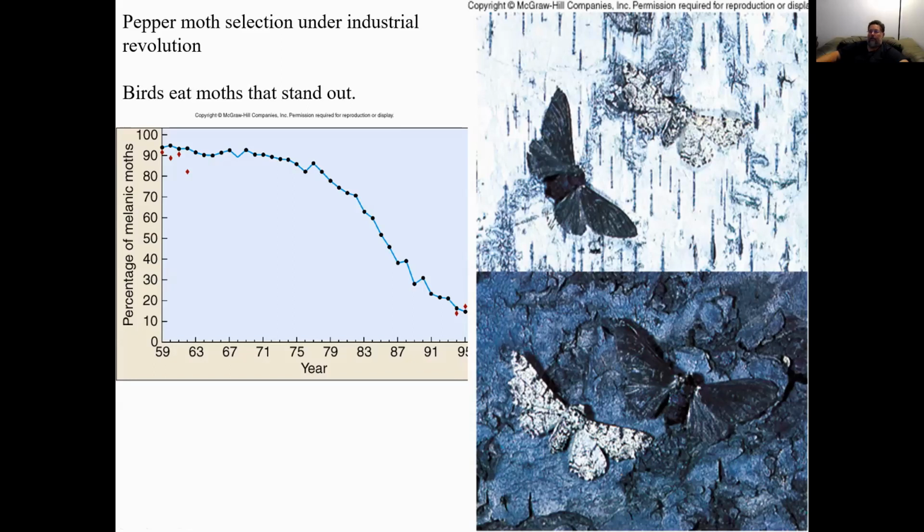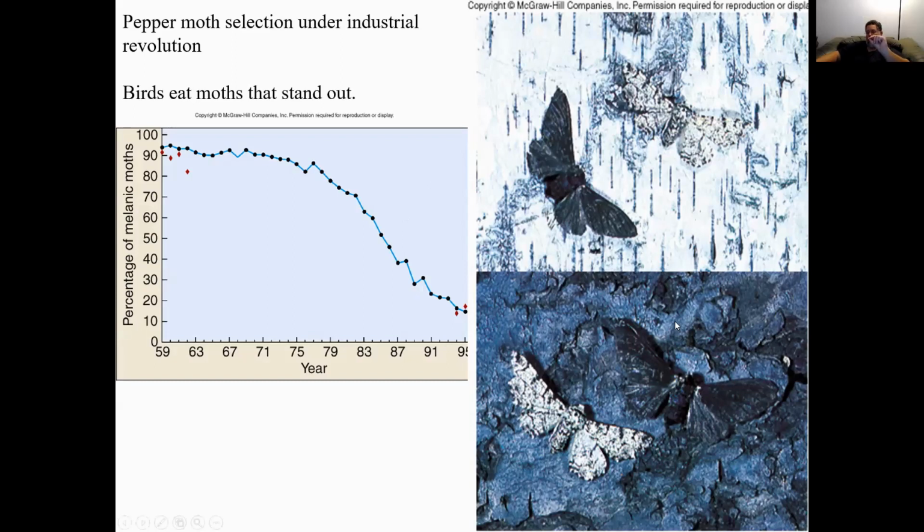And then during the Industrial Revolution, there wasn't the kind of controls that we have today. Huge amounts of carbon pollution were going around, covering up the trees with soot. So the bark was no longer white in color.